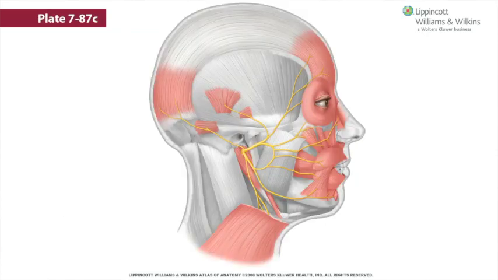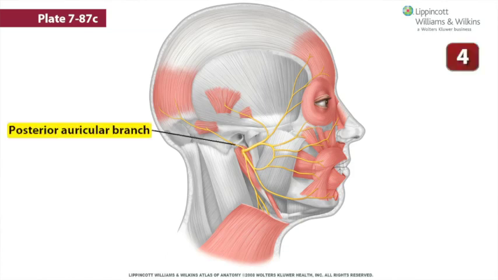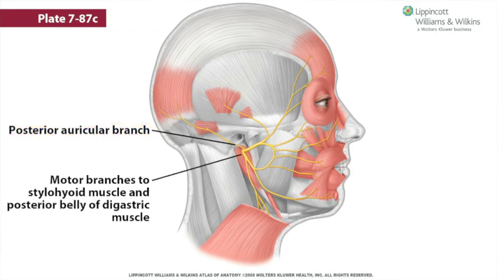The facial nerve finally leaves the skull through the stylomastoid foramen, gives off a posterior auricular branch, which supplies motor innervation to the occipitalis and intrinsic muscles that wiggle the ear, gives motor branches to the stylohyoid muscle and the posterior belly of the digastric muscle, and enters the parotid gland.